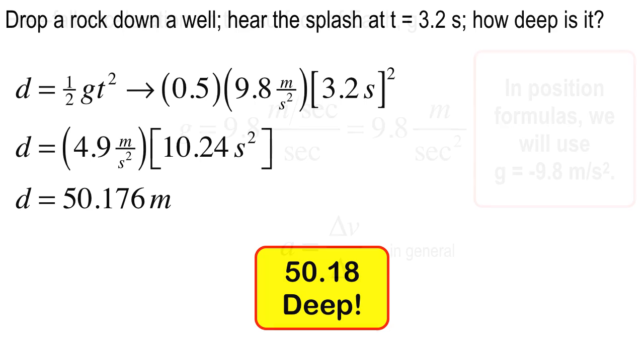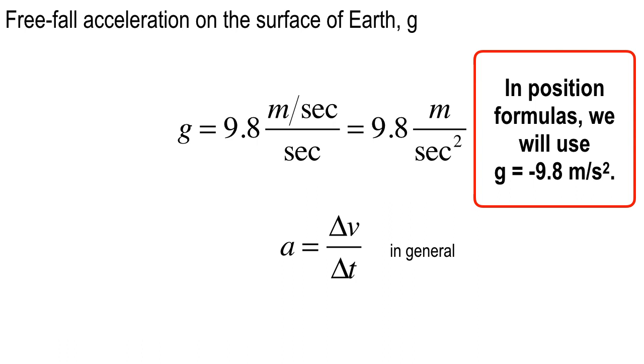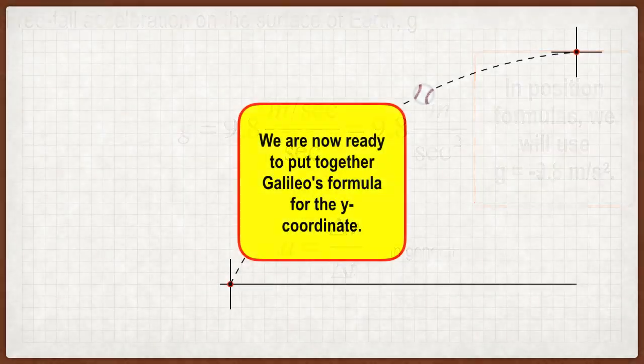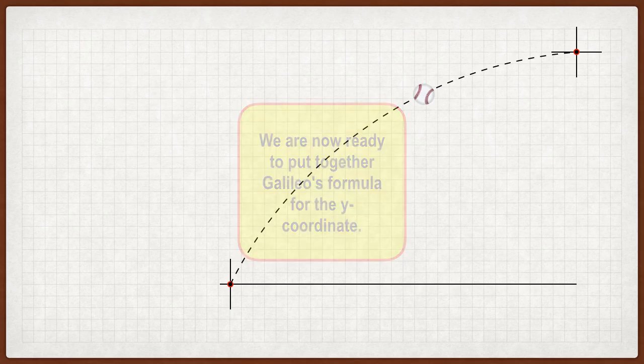So now, as I mentioned, in position formulas, we might want to use negative 9.8 meters per second squared. And actually, we're going to do that because we're going to put a position formula together now using Galileo's various formulas. So here we go. And what we're going to do is we are going to think of a ballistic arc of a baseball.